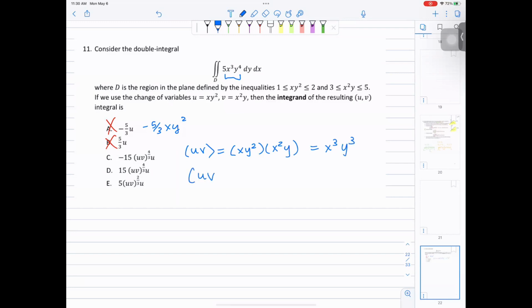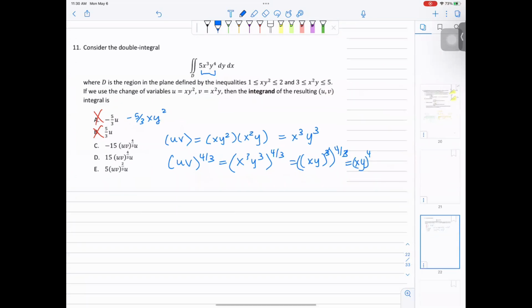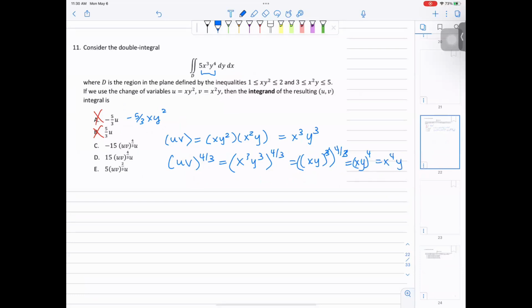That means that uv to the 4/3 is x to the 4th, y to the 4th. Let me write it out. x cubed, y cubed to the 4/3, or in other words, xy all cubed to the 4/3. So the 3's cancel. So it's xy to the 4th, i.e. x 4th, y 4th. Okay, so that gives us something.